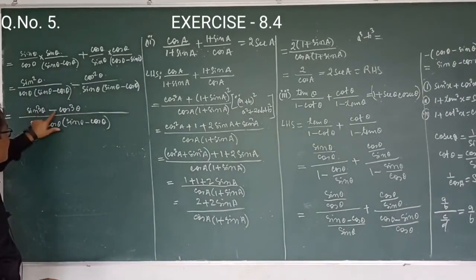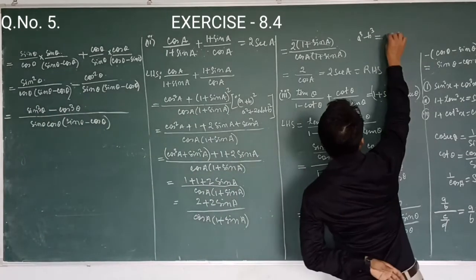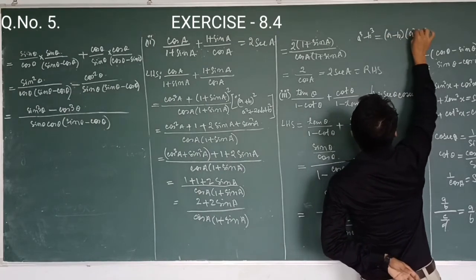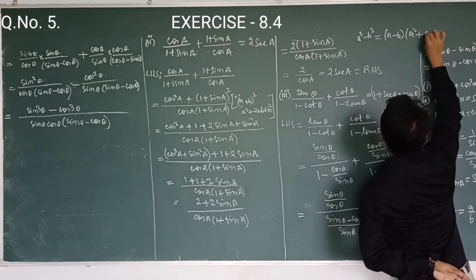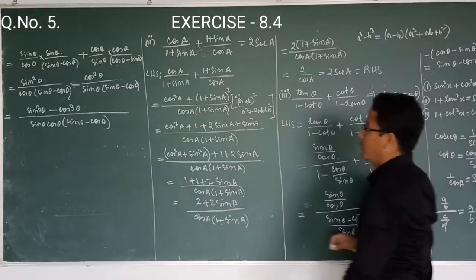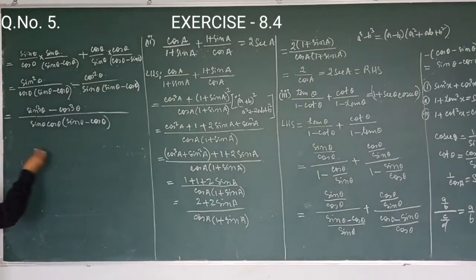I am going to use it here. A cube minus b cube means a minus b, a square plus ab plus b square. This is the formula of a cube minus b cube. Clear? So the same we are going to use here.